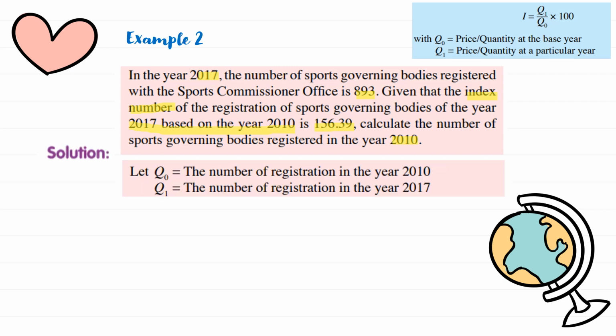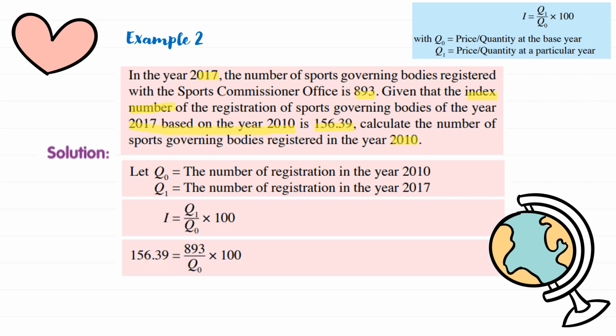The solution: let Q naught be the number of registrations in 2010. Since 2010 is the base year, Q1 refers to the particular year, which is 2017. So this is the formula.